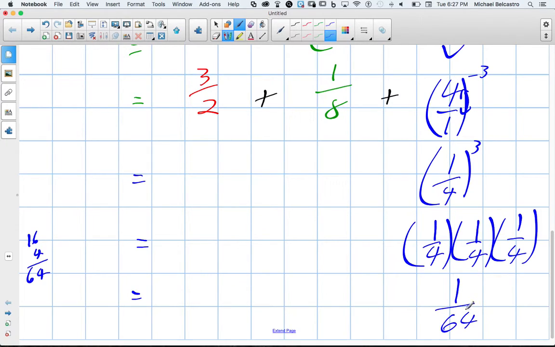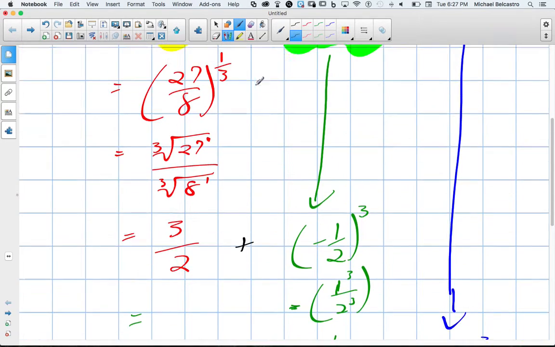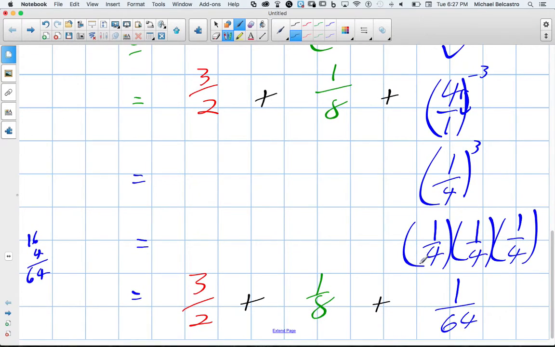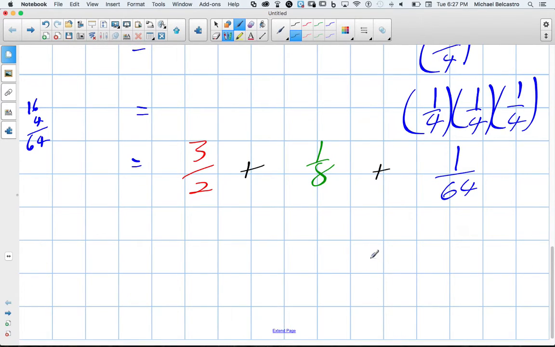So now let's take a look at all of our stuff again. We have 3 over 2 plus 1 over 8 plus 1 over 64. Now I did quite a few steps in between here to solve all of this. Now we're going to actually add these fractions together. So this is no longer really the exponent stuff, but more basic fraction rules. We need the denominators to all be the same. In order to get 2 to be the same as 64, I have to multiply both the top and the bottom by 32.